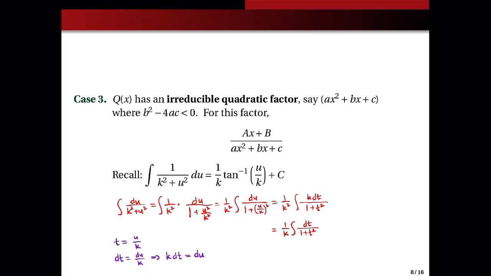Following? And therefore, we'll just have 1 over k tangent inverse of t plus c. But t is u over k. So you'll get 1 over k tangent inverse of u over k plus the arbitrary constant c.